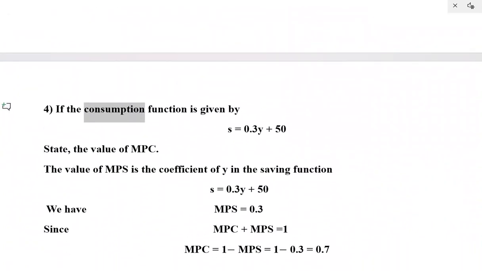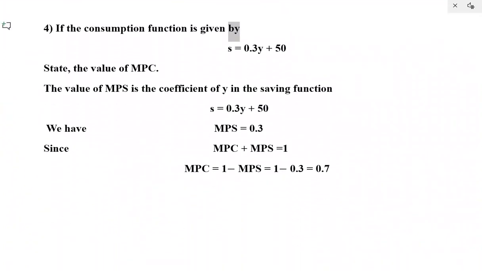4. If the saving function is given by S equals 0.3Y plus 50, state the value of MPC. The value of MPS is the coefficient of Y in the saving function.